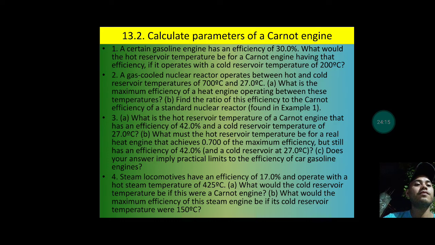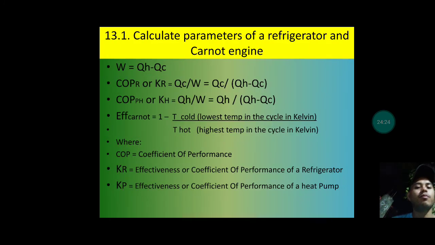And then using that formula, we can transpose the values. Our formula is, we go back, efficiency of the Carnot equals 1 minus T cold over T hot. Our value for T cold is 473 Kelvin.